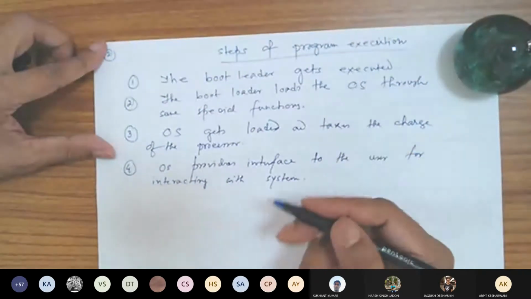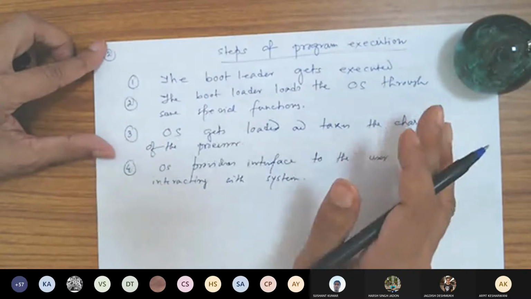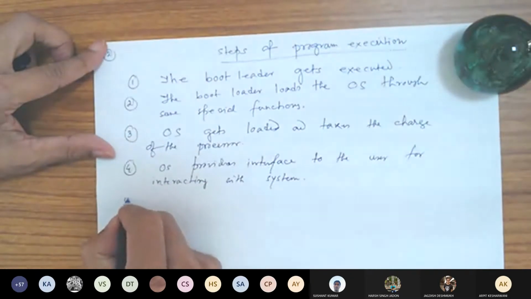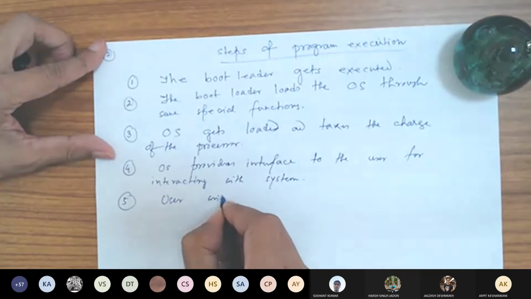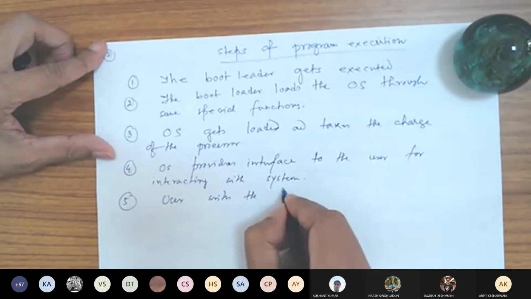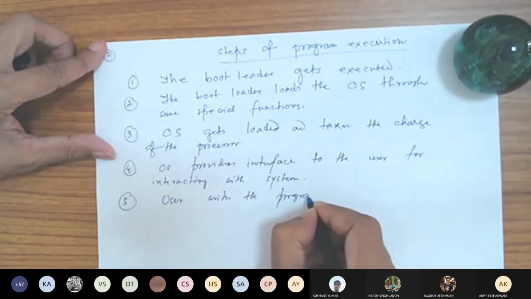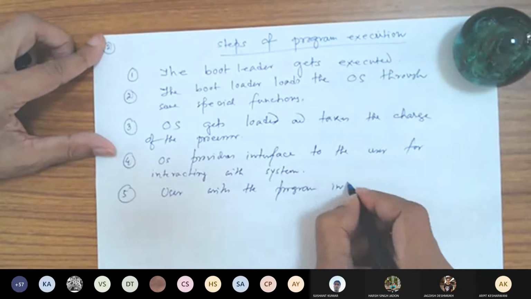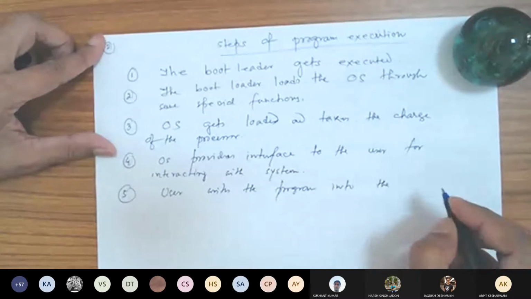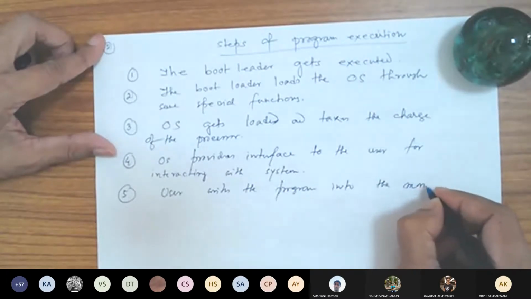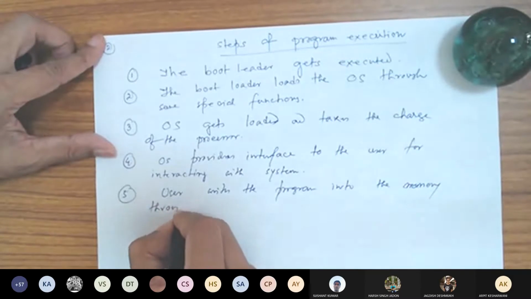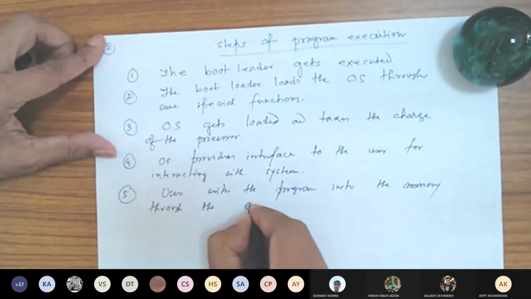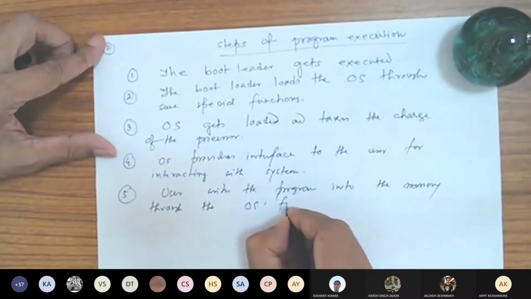It may provide a keyboard interface, display interface, mouse interface, whatever interface is provided. The user writes the program into the memory through the OS functionalities.